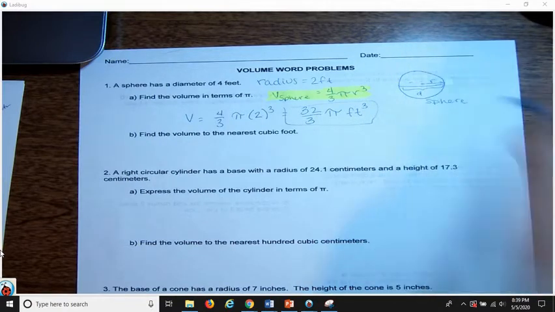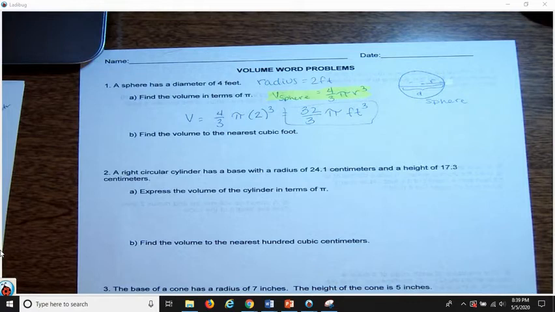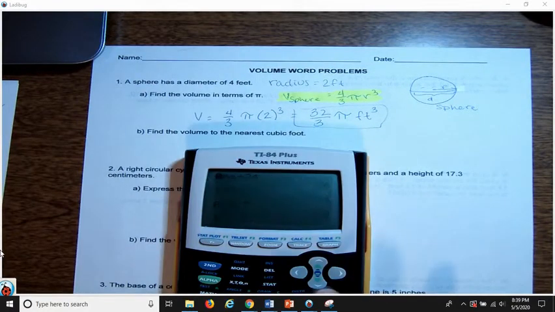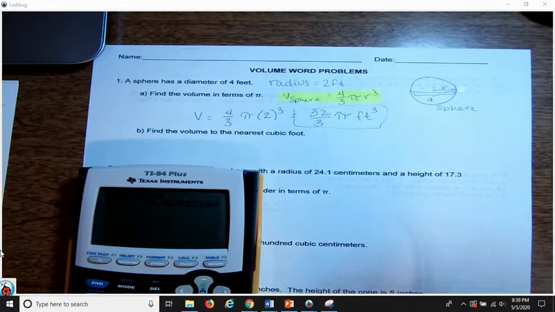Then it says find the volume to the nearest cubic foot. So now we actually have to multiply all this out. You can grab your calculator, and we will have 32 divided by 3, and then we will multiply by pi, and click enter, and we get 33.51. Now it wants us to do this to the nearest cubic foot.